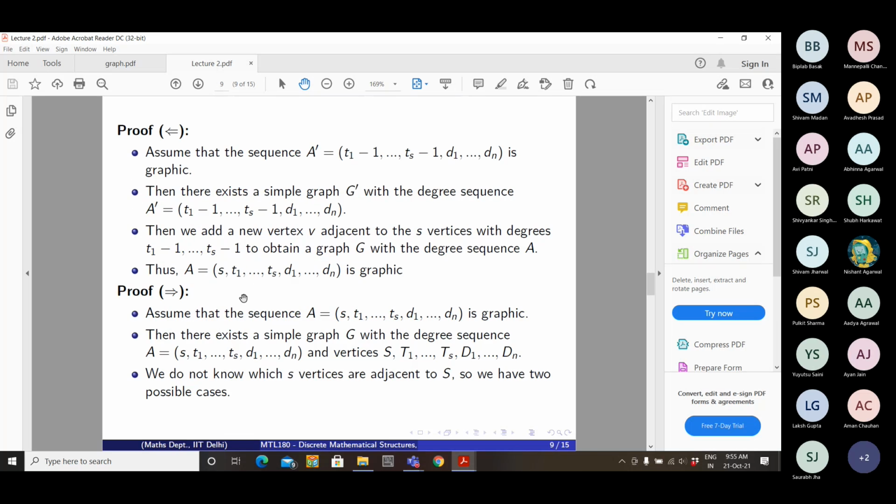Assume that the sequence A, this sequence S, T1, T2 up to Ts and D1, D2 up to Dn is graphic.